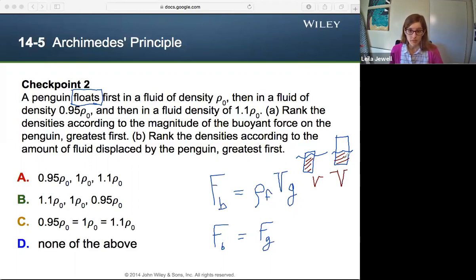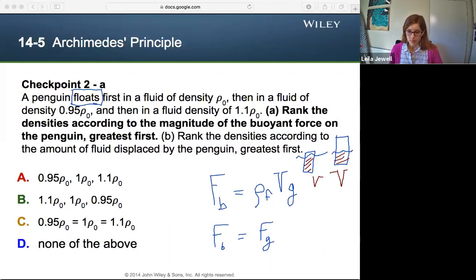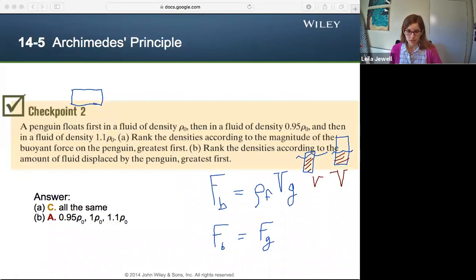If it's more dense, we don't need to displace as much fluid, so we can have a smaller volume. So all of these are then summed up, and the results: the buoyant force is the same for all three cases, but the densities ranked according to the amount of fluid displaced by the penguin, in other words, ranked by volume, greatest first, it's going to be the greatest volume when we have the smallest density, and the smallest volume when we have the greatest density.